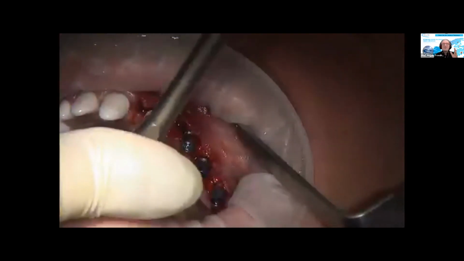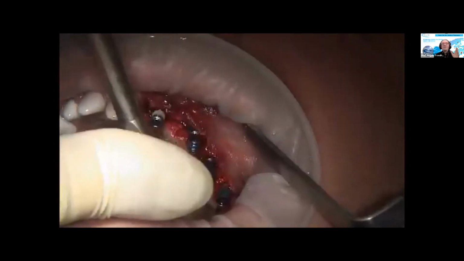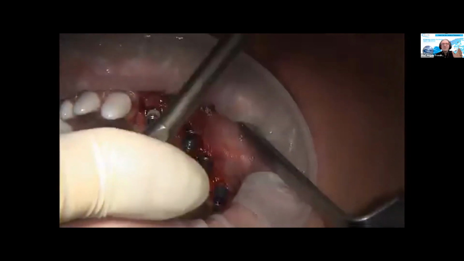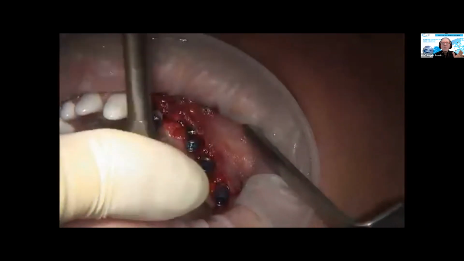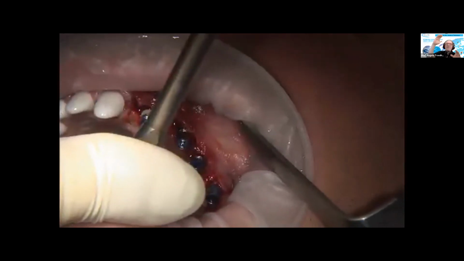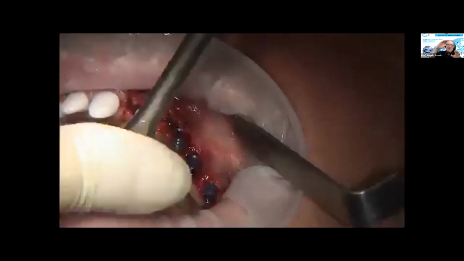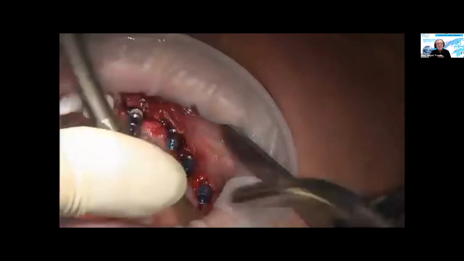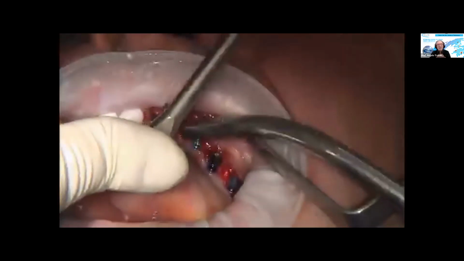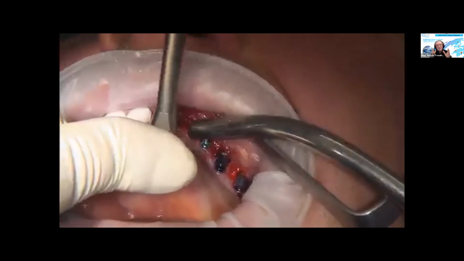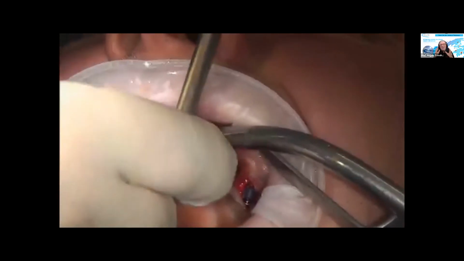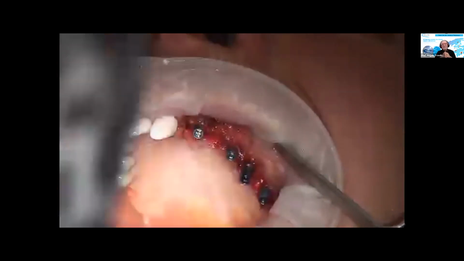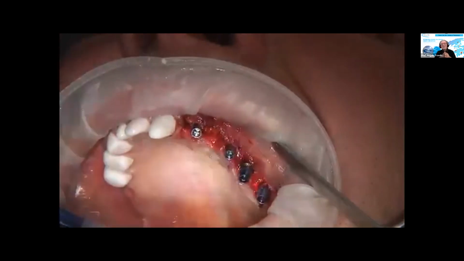It was approximately 40 to 45 Newton centimeters insertion torque value, which is above most of the insertion torque values you might achieve with different implant systems. So this is really primary stable, not for immediate loading, but let's say for hassle-free and fear-free osseointegration of the implant.